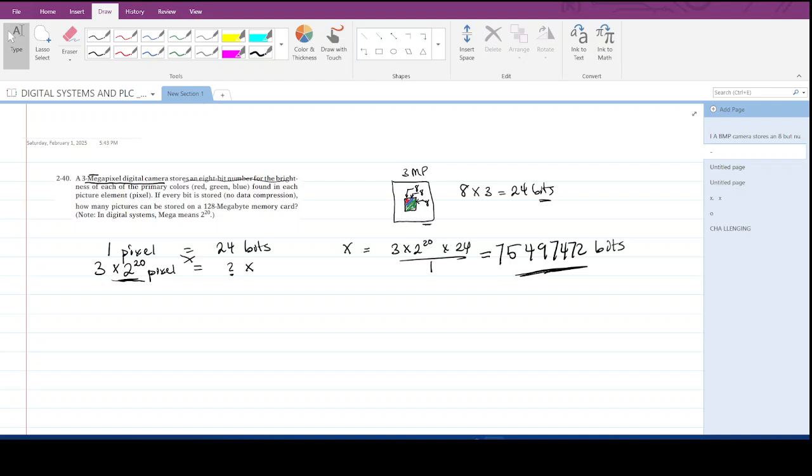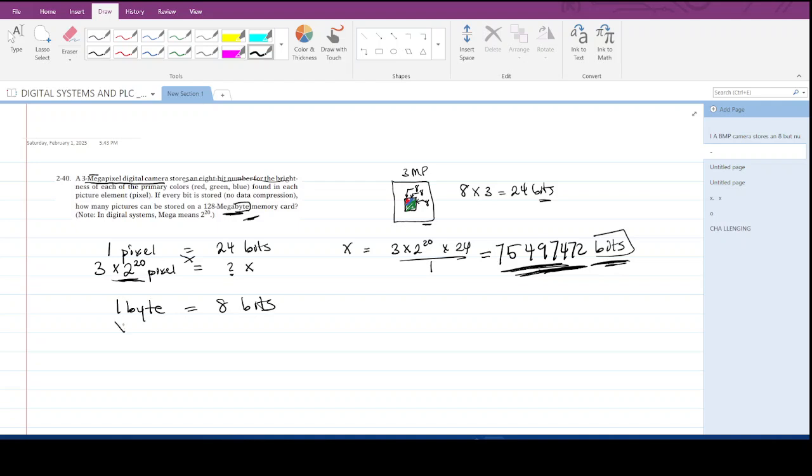Now that I know how many bits are in one picture, I want to know how many of these can enter my 128 megabyte memory card. But recall that this is in bytes and this is in bits. So I can convert this to bytes so that I'll be able to work with my memory card. I know one byte is equal to 8 bits.